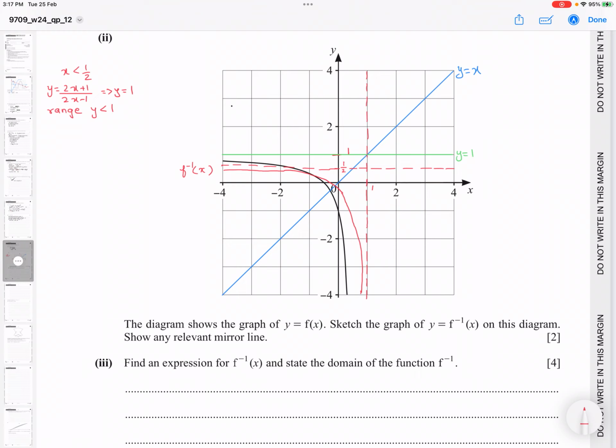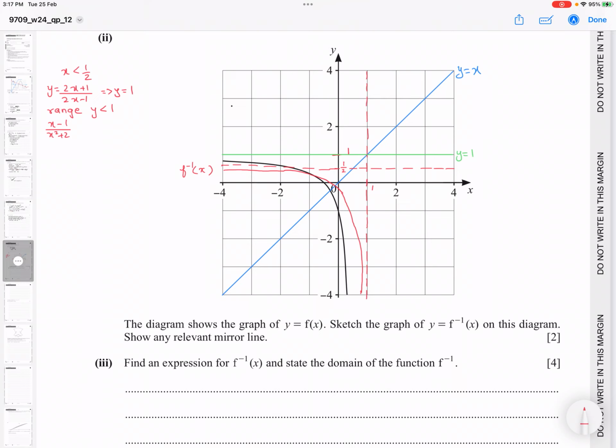If the power of polynomial in the denominator is more than the power of the polynomial in the numerator, our horizontal asymptote would be always the x-axis or y is equal to 0. For example, if our equation would be (x minus 1) over (x squared plus 2), look, the power of x in the denominator is greater than the power of x in the numerator.